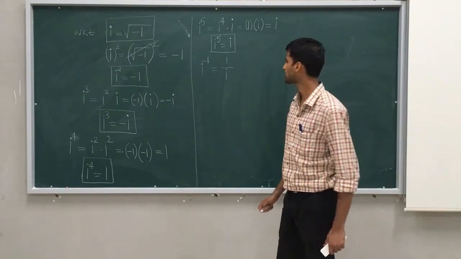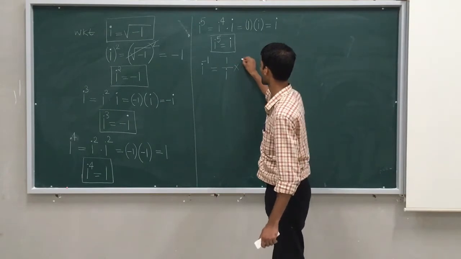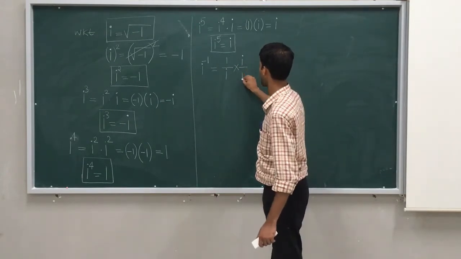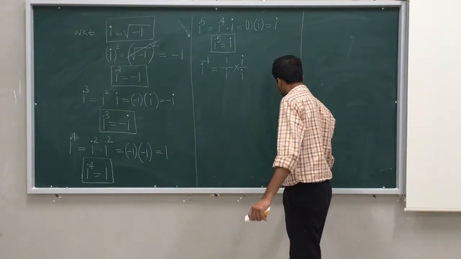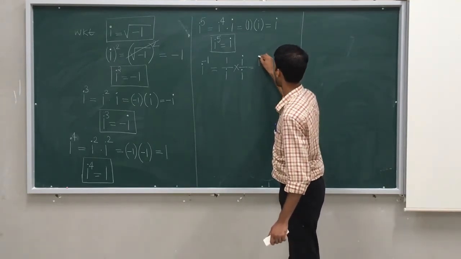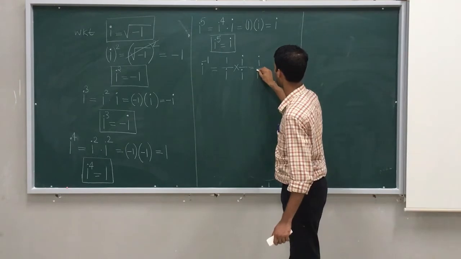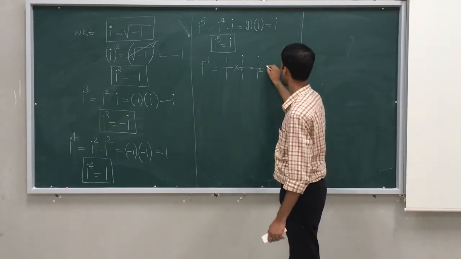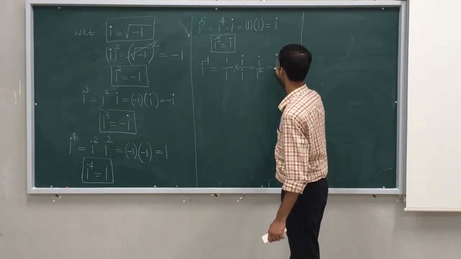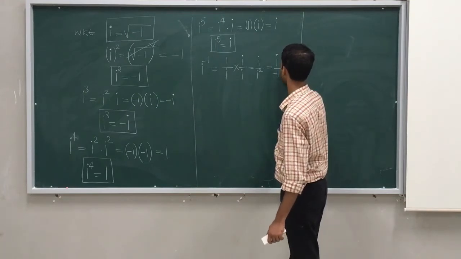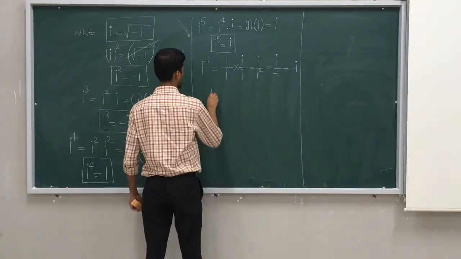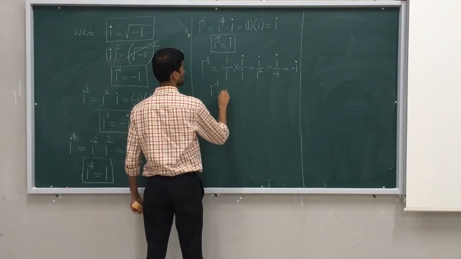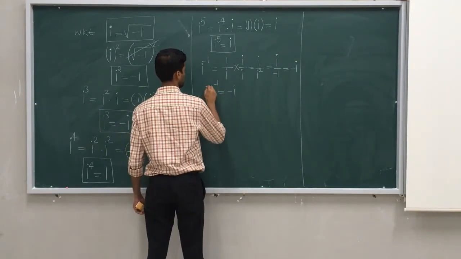How to make that possible? I will do rationalization: multiply numerator and denominator by i. Therefore it is i upon i square, which is i divided by minus 1. It is minus i. Therefore, i inverse is minus i.